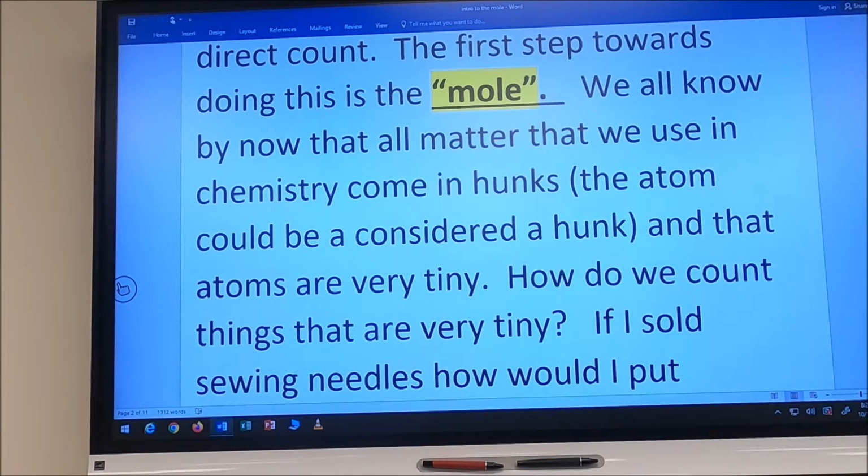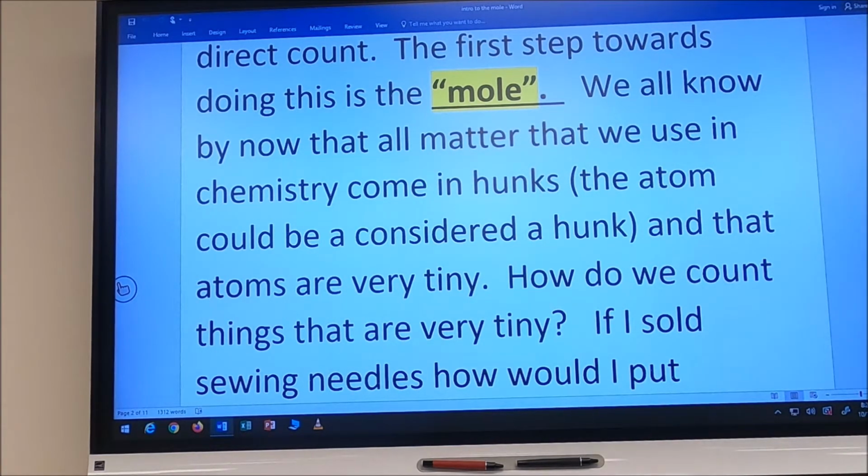So if you were in a paperclip factory or a sewing needle factory, and you got an order for 20,000 needles, and your paperclip factory got an order for 50,000 paperclips, it would be very costly to send workers to your warehouse to count those directly.